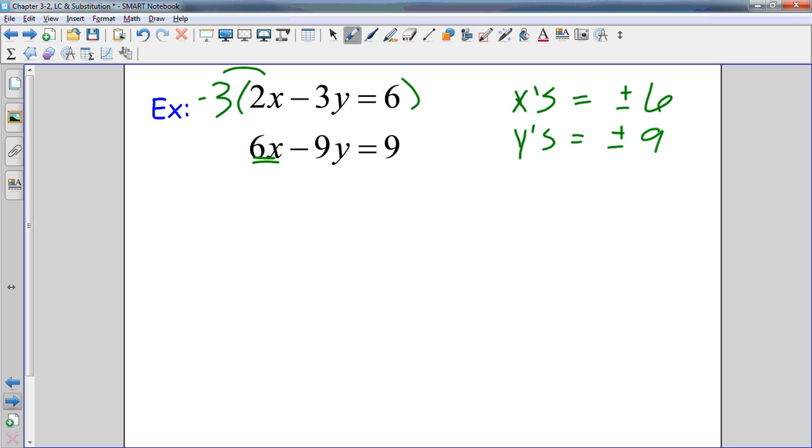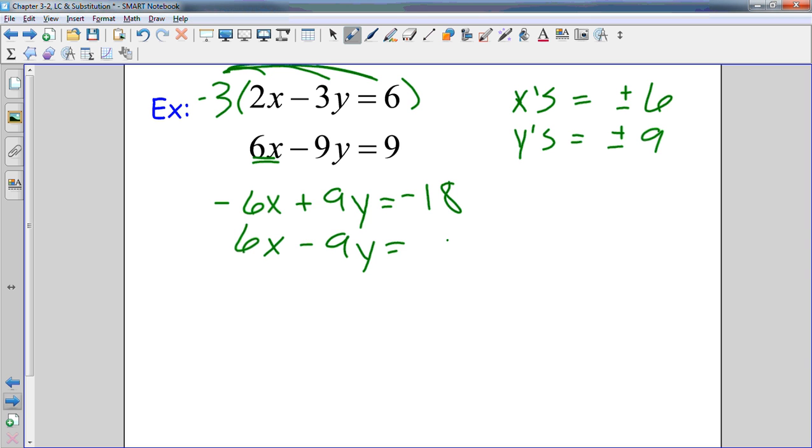So I have negative 6x plus 9y equals negative 18. And then I have 6x minus 9y equals 9. Add them together. Cancel, cancel. I have 0 equals negative 9.